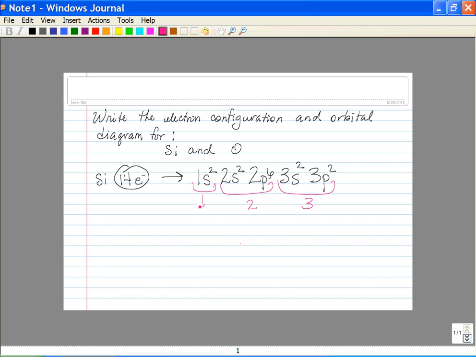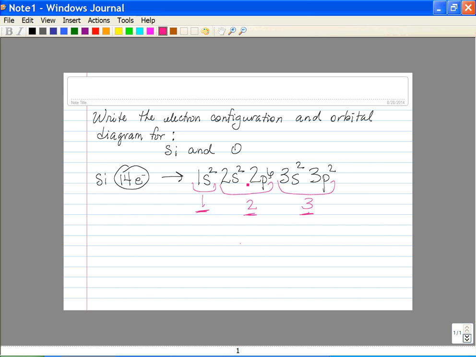So all the orbitals in energy shell 1 are going to be occupied before we go to 2, and those are going to be occupied before we go to 3. At the same time, all of the s suborbitals are going to be occupied in each shell before we go up to p, and all of the p's have to be occupied before we go up to d, etc. And we're going to look at exceptions to those later.